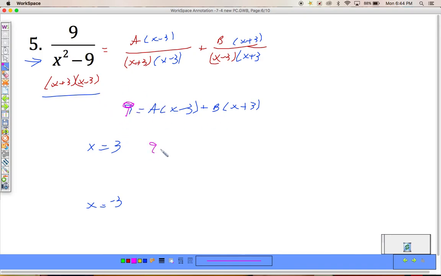So I put in a 3. I get 9 equals 6b. Divide by 6. I get 3/2. I put in negative 3.